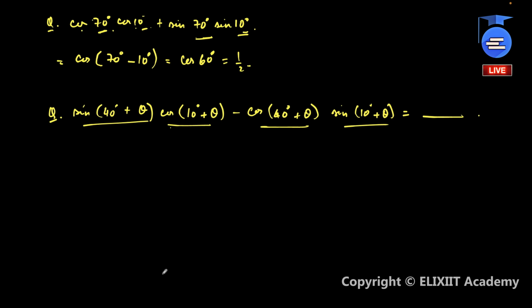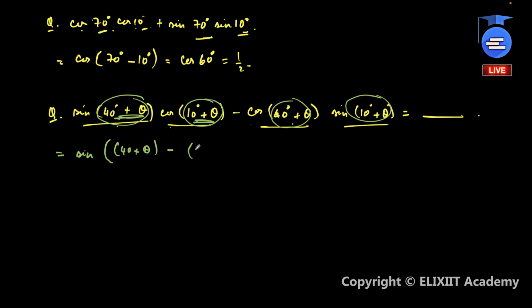Again, simple concept. If you observe, this is actually sin A cos B minus cos A sin B. A simple observation. Here we have sin of 40 plus theta, so this is A, and treat this as B. So sin A cos B minus cos A sin B is nothing but the formula of sin A minus B. In this case, A is 40 plus theta and B is 10 plus theta.